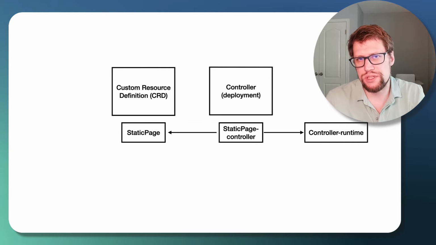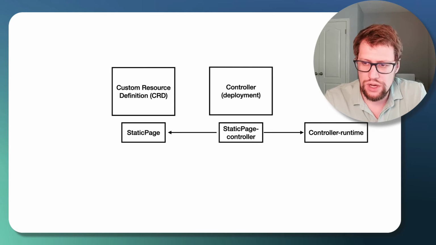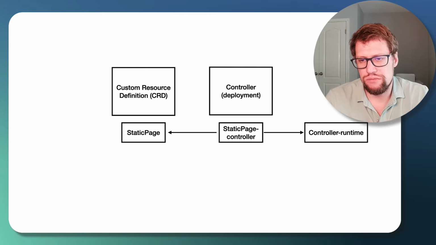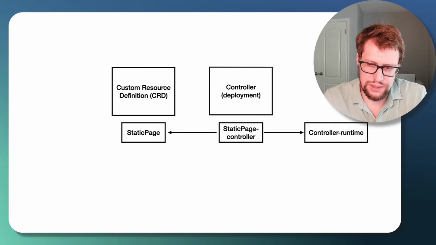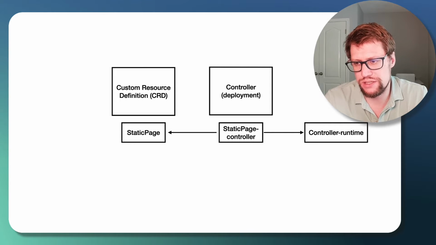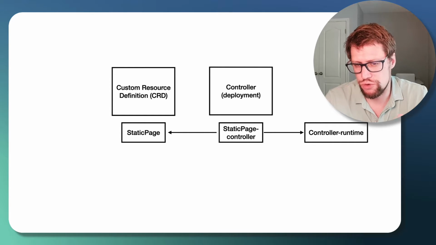But controller runtime is an abstraction above that. Controller runtime is going to do that for you. They are basically going to give you the boilerplate code in that package to interact with the Kubernetes API server so that you don't have to do that. You will just have to supply the config to connect to the Kubernetes cluster, and then they basically give you a function: if static page, in our case, changes, do something.